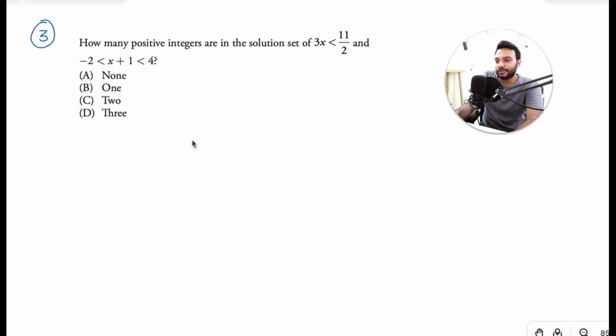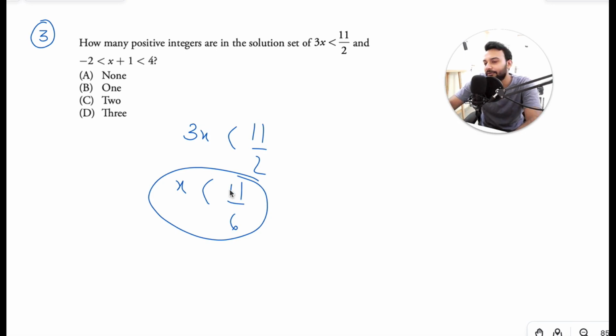Let's quickly do this. 3x < 11/2 gives x < 11/6. The nearest positive integer less than 11/6 would be 1. All integers less than 1 are in the solution set, but among positive integers only 1 is there. Even 0 is not positive.